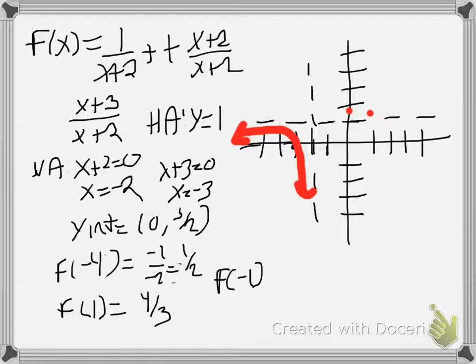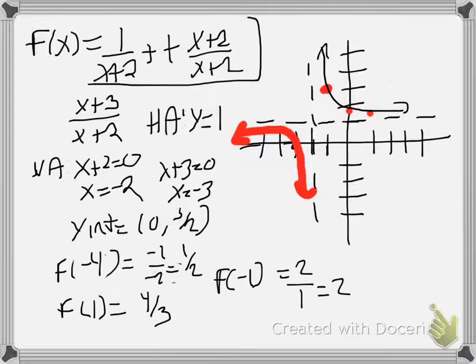So we get 2 over 1, or just plain old 2. So f of negative 1 is at 2, and this line is going to go like that. And there we have that function. So the biggest thing about this particular function is making sure that you get your common denominator and simplify the function back to something that's much easier for you to work with.